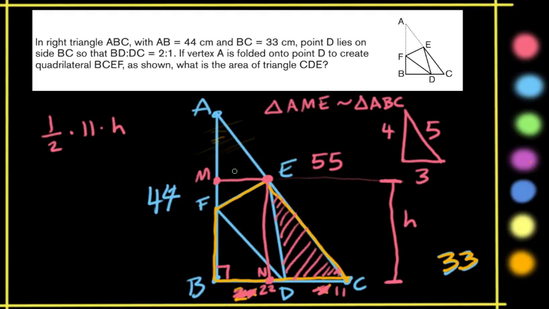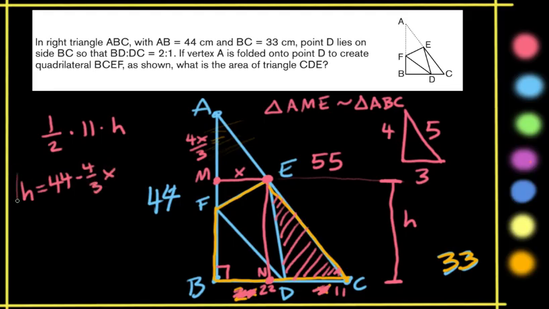If we call this X, then this will be 4x over 3, 4/3 of x. EN, which is this height that we need to figure out, is going to be 44 minus 4/3 of x, because this total height is 44. So height h is equal to 44 minus 4/3 of x.